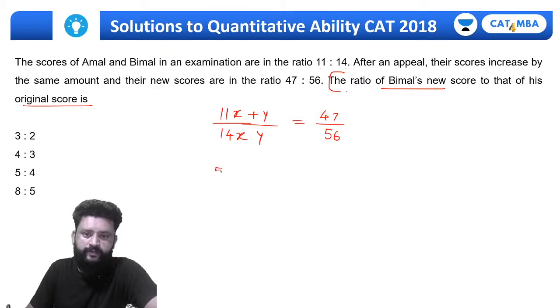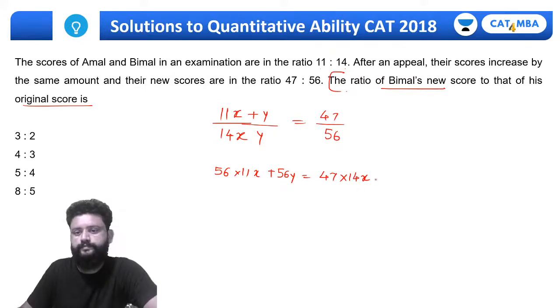Okay, so this is 56 times of 11x plus 56y is equal to 47 times of 14x plus 47y.